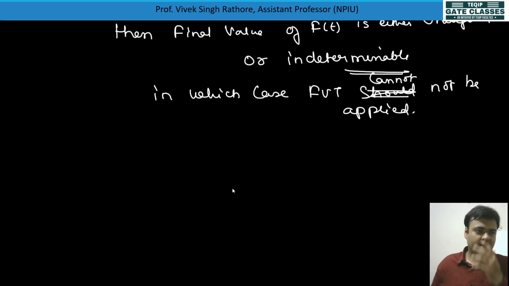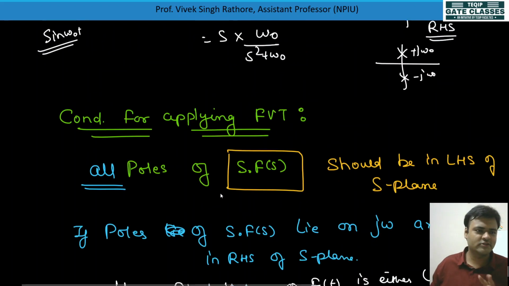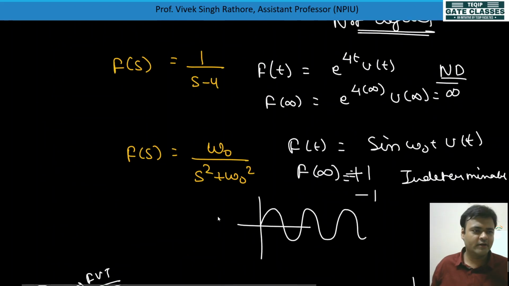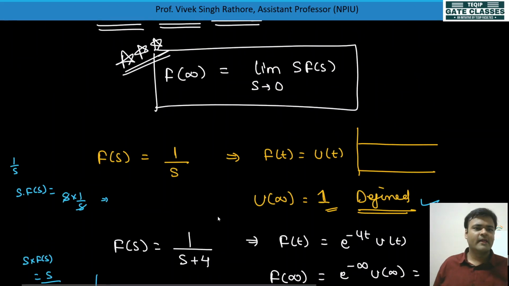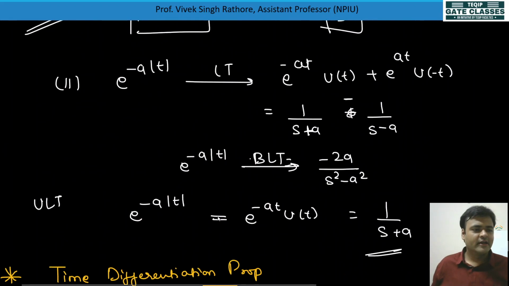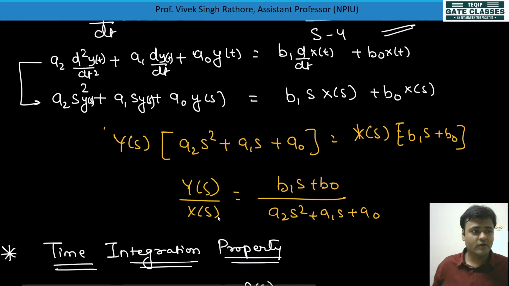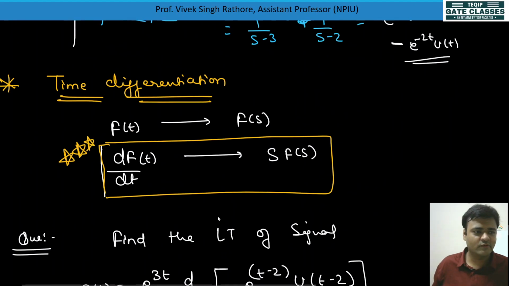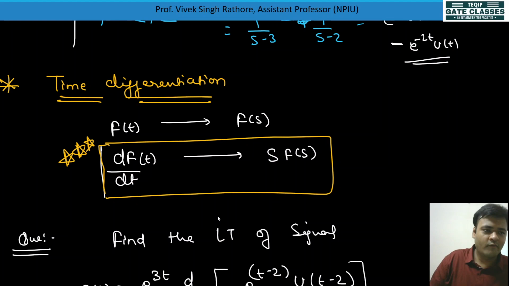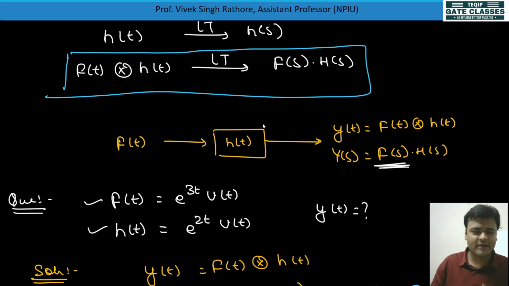So this is actually the final value theorem, and this leads to the end of Laplace transform. This was the final thing which I needed to tell you from Laplace transform, and this brings closure to Laplace transform. In the next lecture we will start Z transform, and we will see what the similarity is between Laplace and Z transform, because from the start I told you it is just similar to Laplace transform.